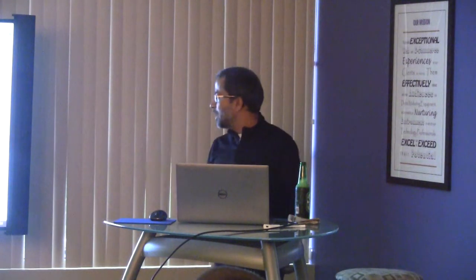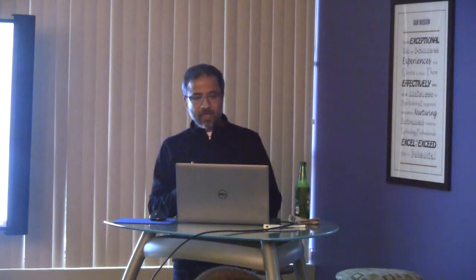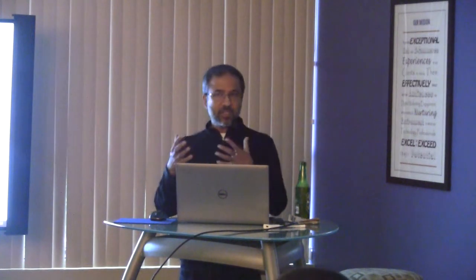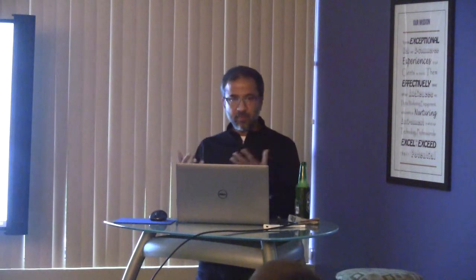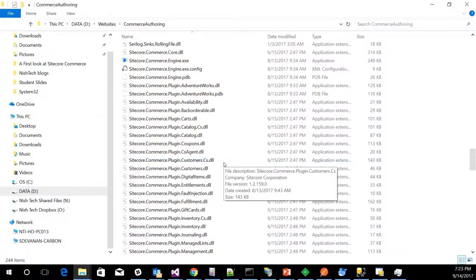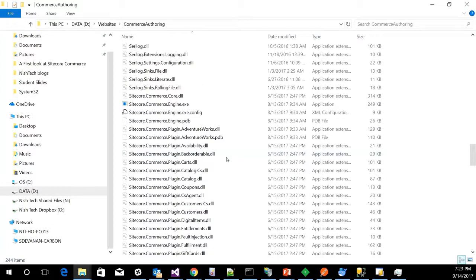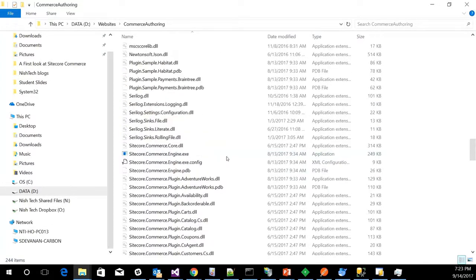This kind of architecture gives you a lot of extensibility opportunities. And then there is Commerce Core, which is the framework that they built, which the plugins talk to. So let me see.